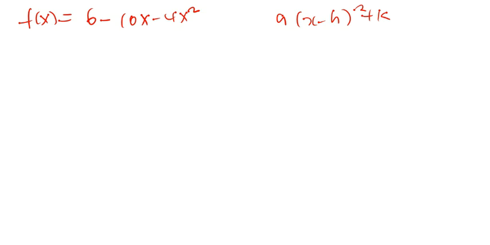Then next they say sketch the graph of f of x indicating the intercepts and turning point. So this is a quadratic function, we already know about that. Now I need to use the completing square method if they say I should leave my answer in this format.